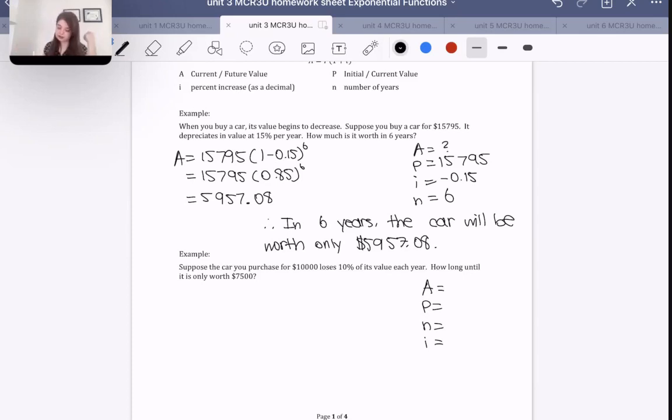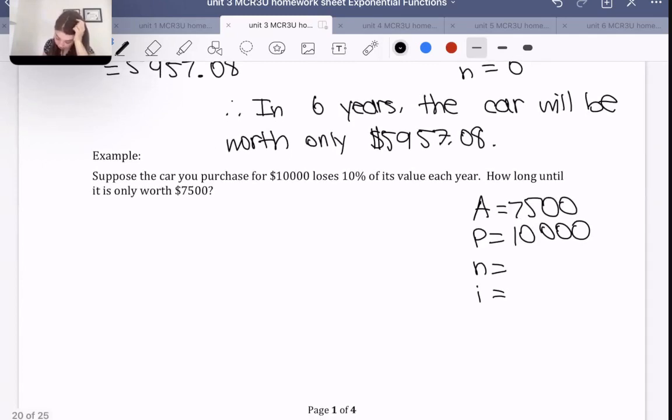So therefore A would be 7,500 and P would be $10,000. N is how many years, and that's what we're trying to figure out. It says how long until it is only worth 7,500. So that's what we want to know. So that's our question mark for this question, is we don't know how many years. That's what we will figure out and conclude about at the end.